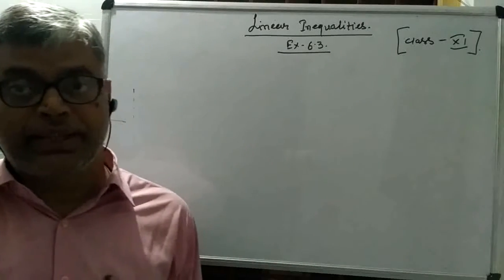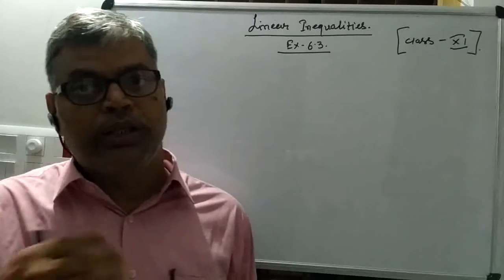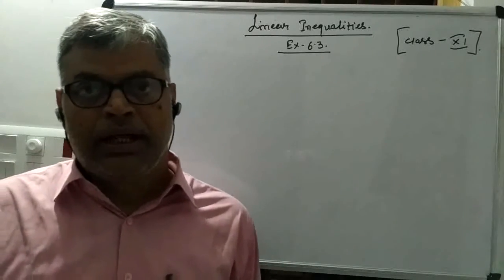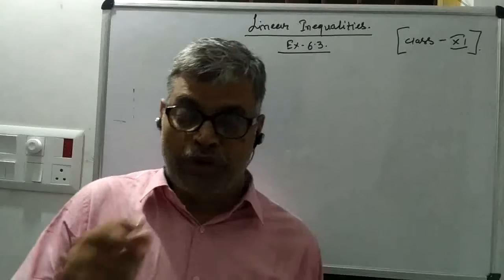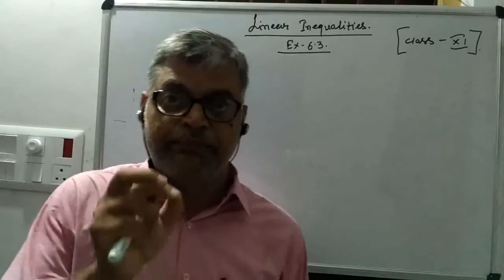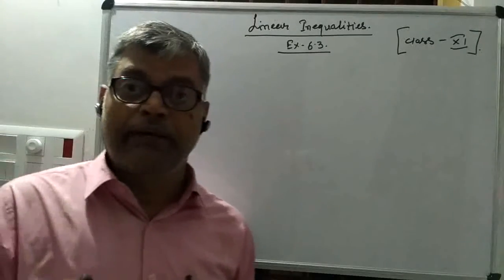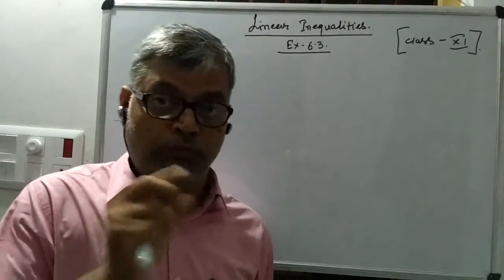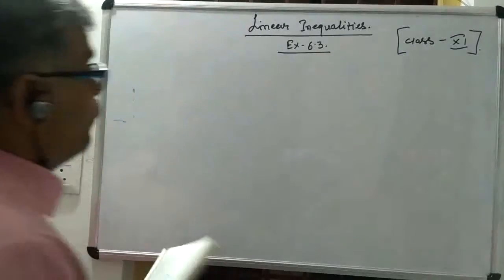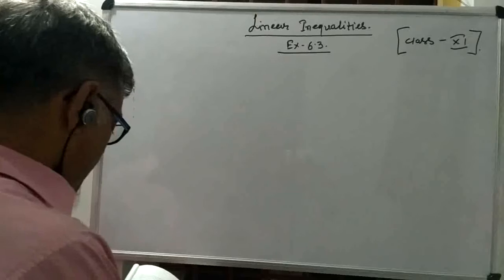But in this exercise, you will see that in one question there are more than one inequality, and you have to find their solution region in the form of a shaded portion. Then see how this type of question can be solved. So now I am starting with question number 1.